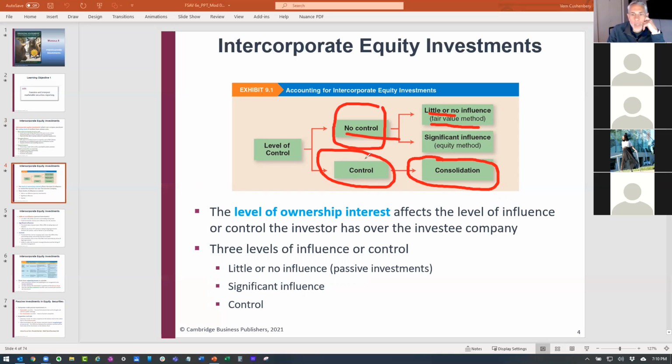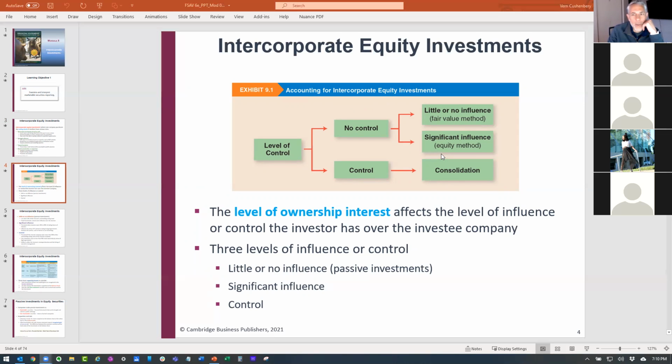Now, what if we don't have control, but we do have a significant influence? Then we're going to use an accounting method called the equity method, and I'll show you how that works. It's called mark to market when you adjust to the value of the stock that you own on a quarterly basis. With the equity method, we don't mark to market.